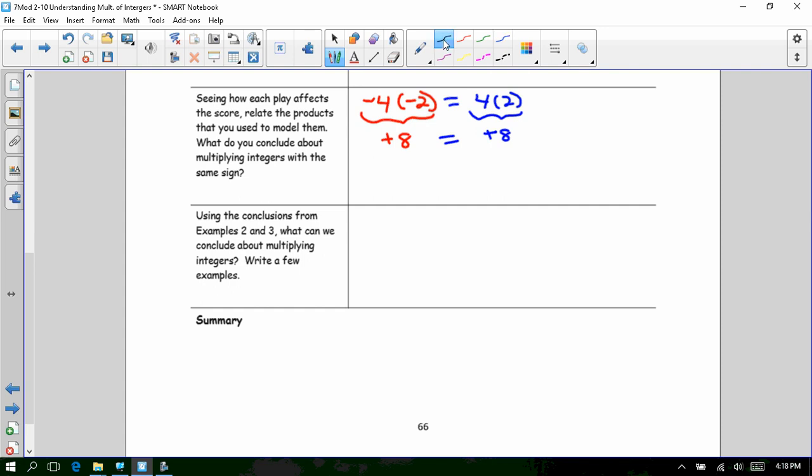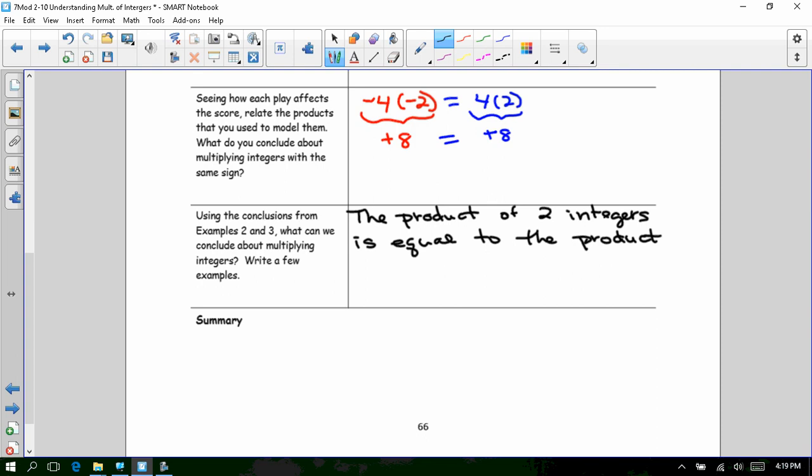Well, so far, we know that the product, fancy way of saying the answer to a multiplication problem, the product of 2 integers is equal to the product of their opposites.